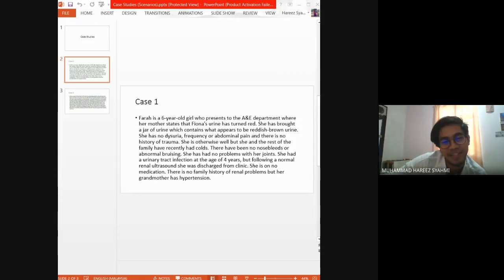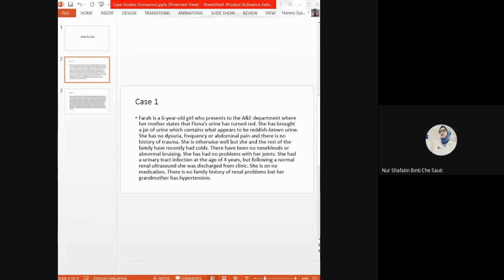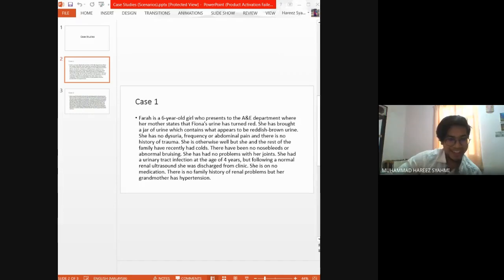Yes, SLE can also be excluded because in SLE there will be certain patients that develop thrombocytopenia, right? Okay, I think we have covered a little bit of the history that we need to ask for all the differential diagnoses.